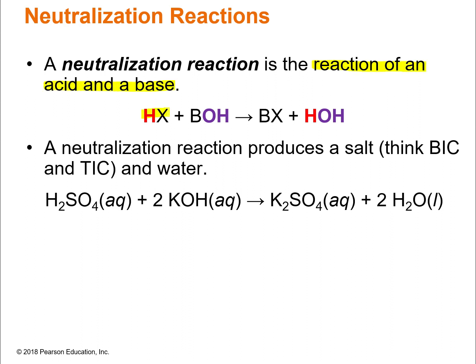An acid is going to have that hydrogen first, and then either a polyatomic ion or an anion. Our example here, we have sulfuric acid. Notice the sulfate. Notice the hydrogen in front, and it's aqueous. That is our acid.